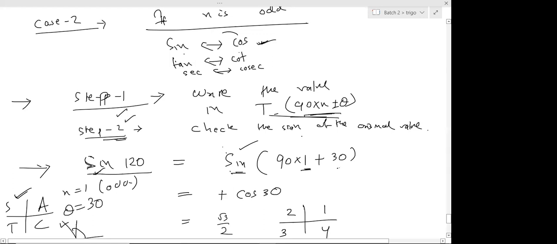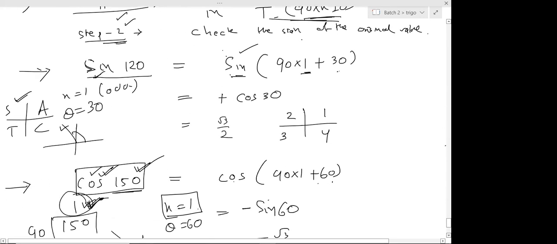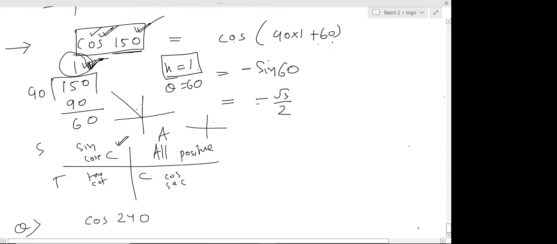All right, Rahman is done. We solve this question now. Cos 240 degrees.